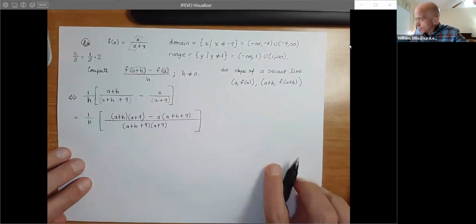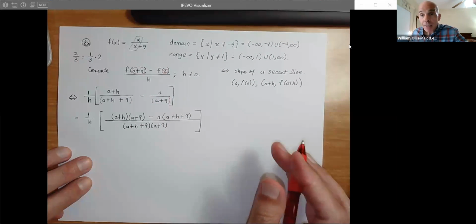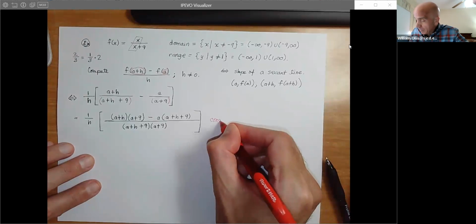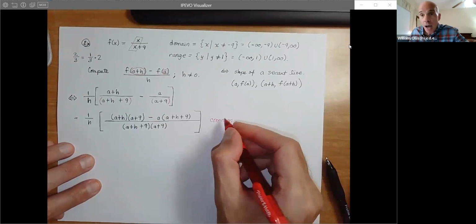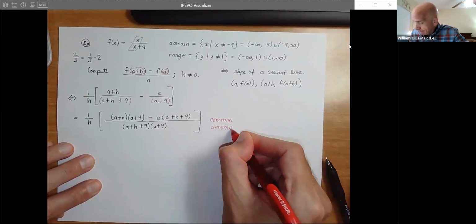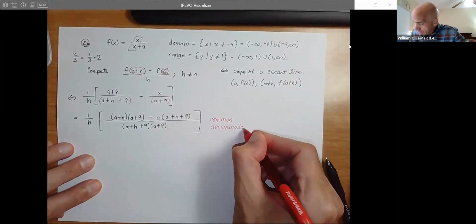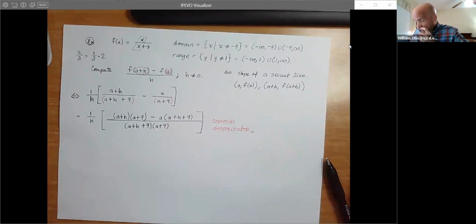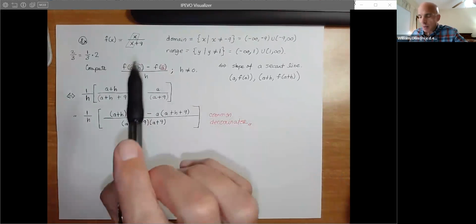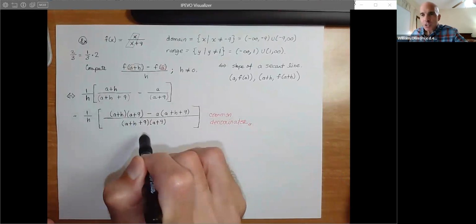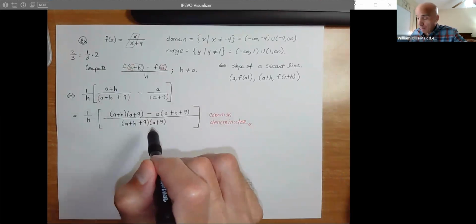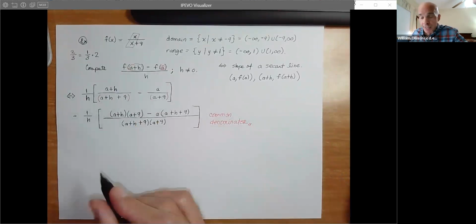So this is just, right in red, common denominator. So again, you probably don't have any issue with this. If I were using numbers, you would be all uncomfortable. But numbers and the letters work the same way.